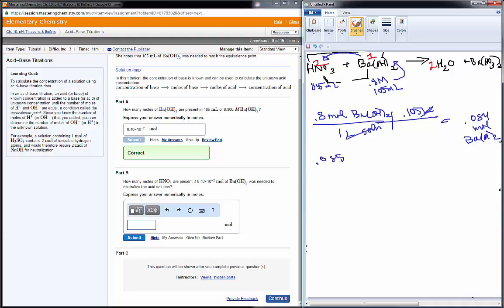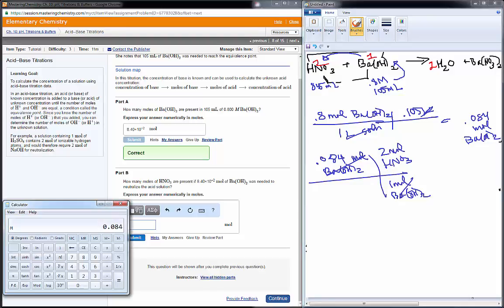If I have 0.084 moles barium hydroxide, and I recognize that for every 1 mole barium hydroxide, I will react with 2 moles HNO3, then I calculate that I had 0.168 moles HNO3.